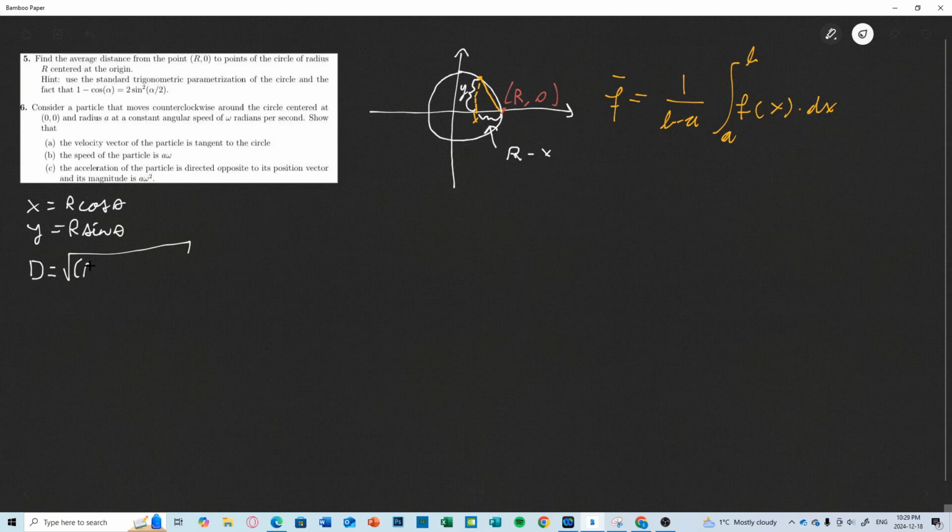So this becomes r minus x squared plus y squared, which if we put into our square root, we're going to get r minus r cos theta squared plus r sine theta squared.